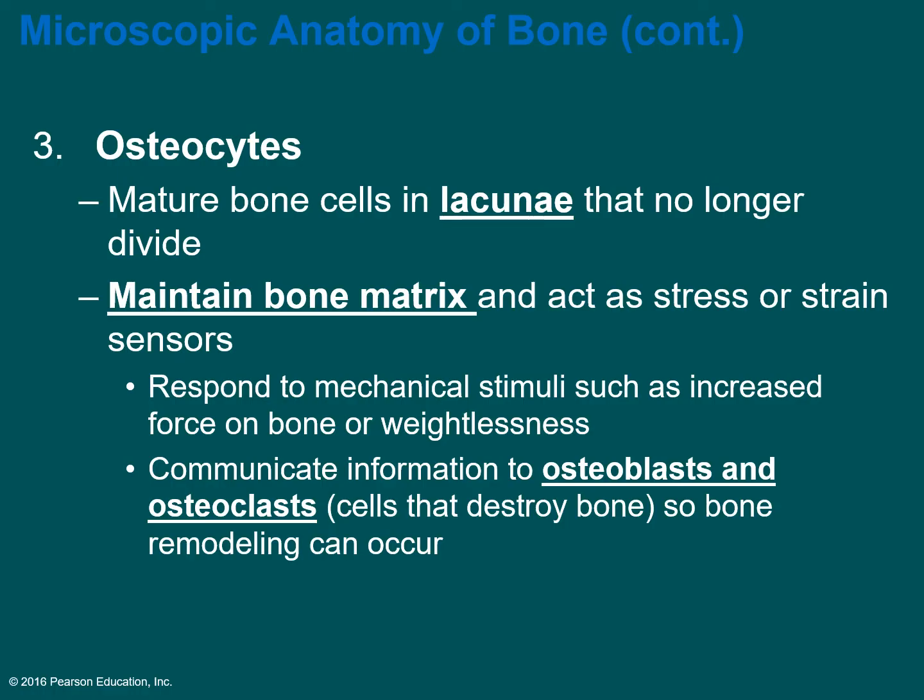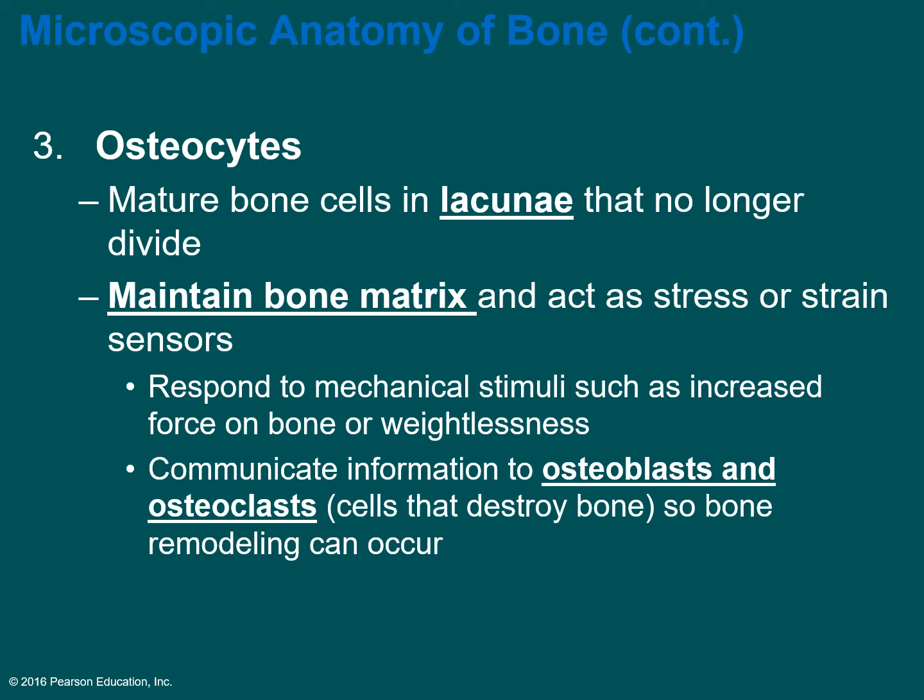The osteocytes are mature bone cells that are in those lacunae, but they can no longer divide. They help to maintain the bone matrix. They help to detect stress or any strain. Think of them as like a sensor.